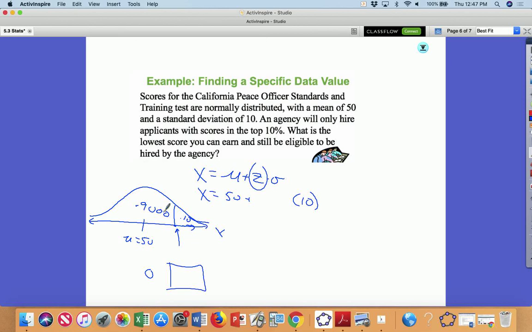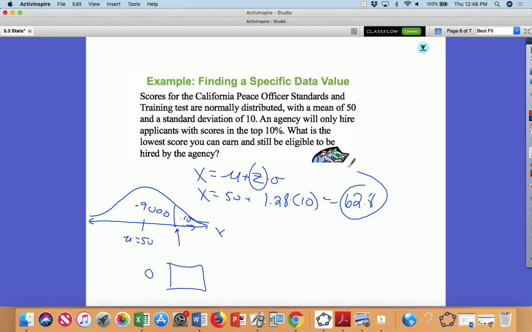So that would be 1.28. Doesn't that make sense that if you're scoring at the 90th percentile, you're going to be one and a fraction standard deviations above the mean? So take it times that, and that tells you the amount above the mean you are. So 62.8 would be your cutoff score.